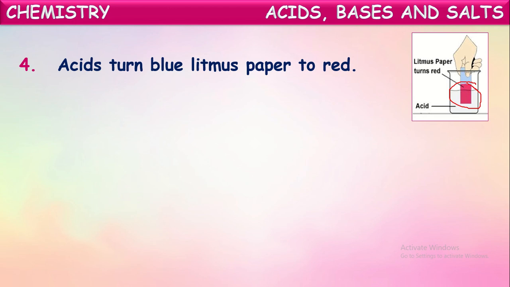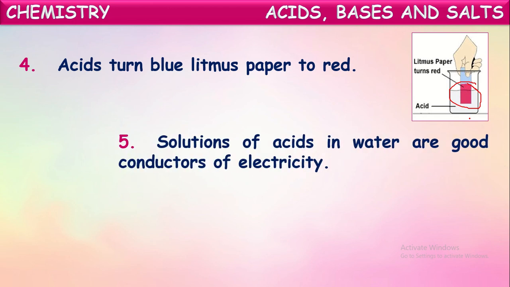If a colorless dilute solution is given to us to test whether it is an acid or not, we have to take a blue litmus paper. If you dip blue litmus paper into that solution and it turns red immediately, then we can conclude that the given solution is an acidic solution. Okay. Next, solutions of acids in water are good conductors of electricity.